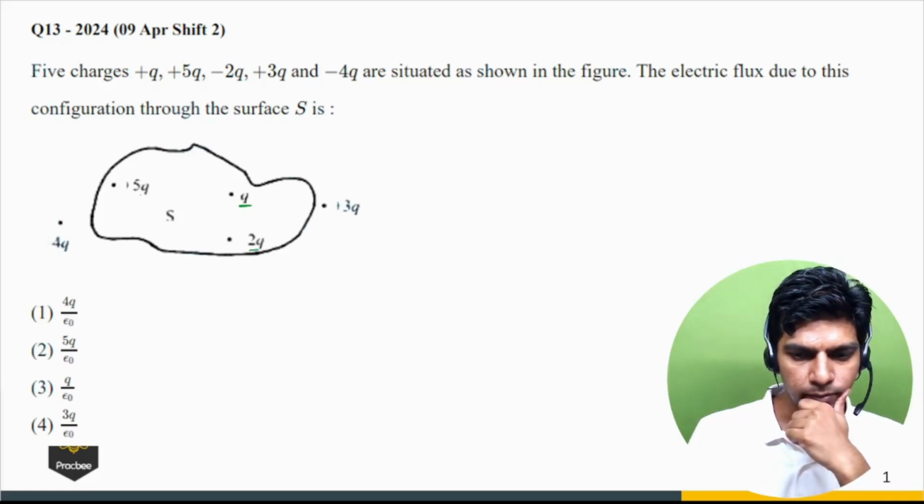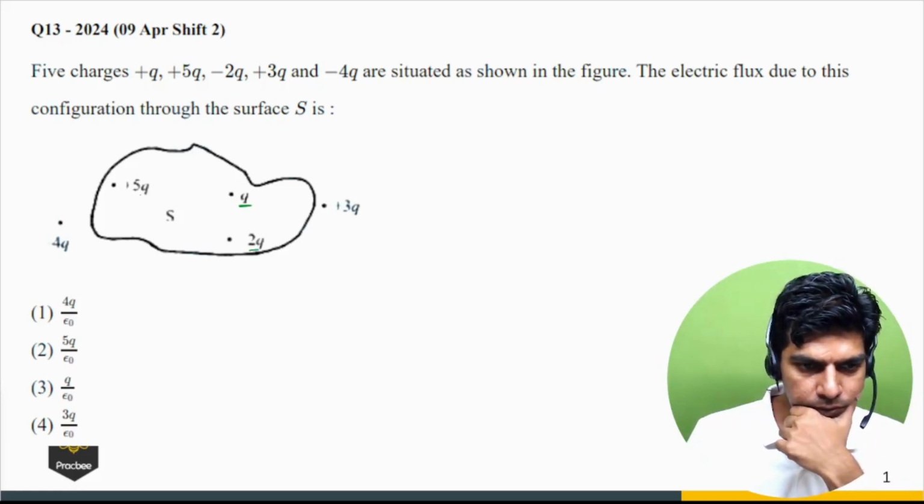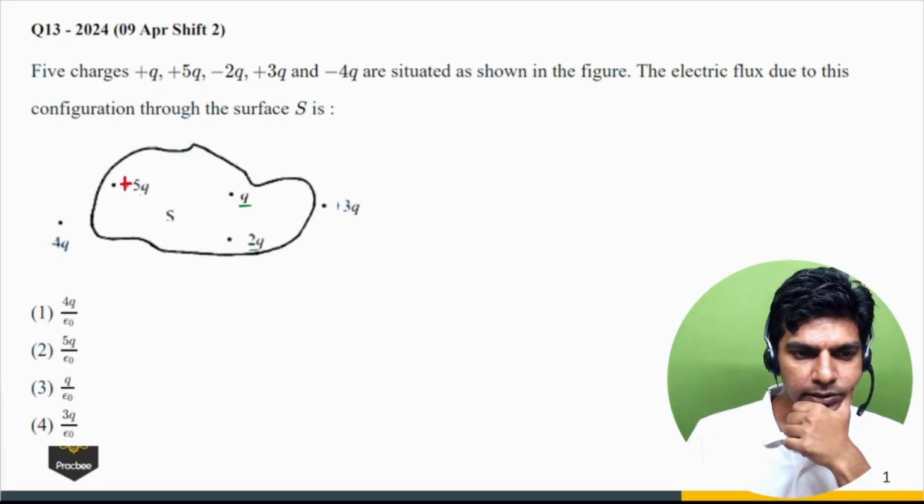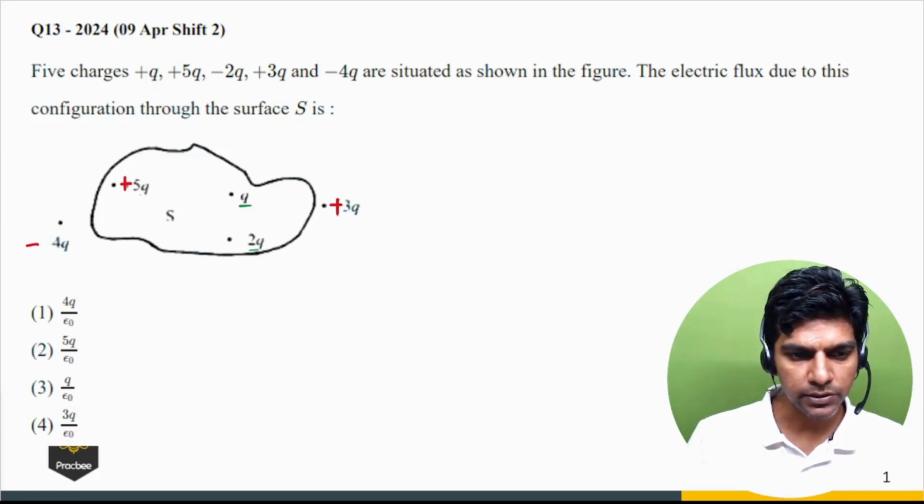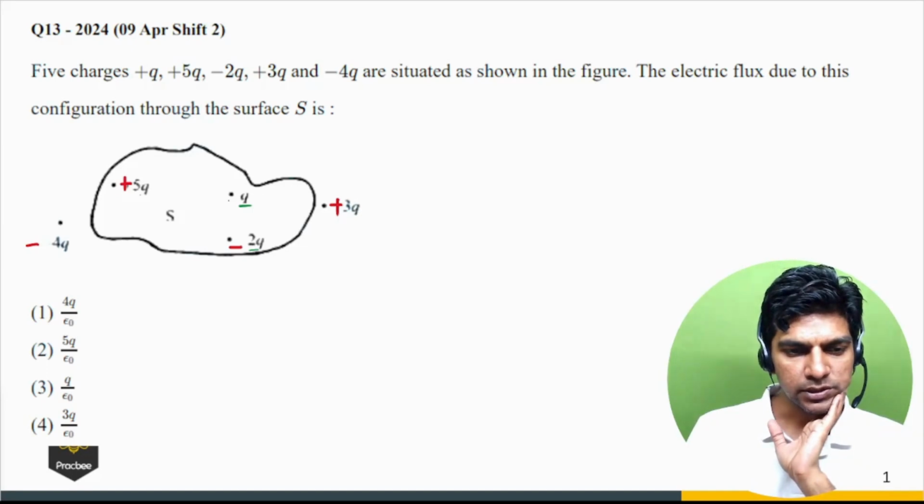So let us find. This will be plus 5q and this will be plus 3q and this is minus 4q and this is plus q and this is minus 2q, right? So this is plus q, right?